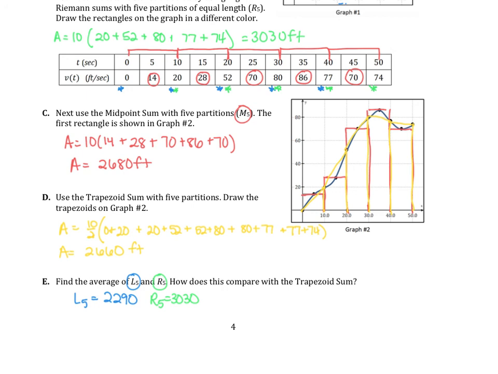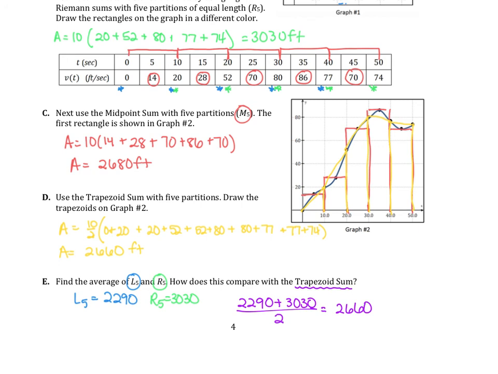And if I go and find the average of those, let's do that. If I do 2290 plus 3030 divided by 2, we get 2660. How does it compare to the trapezoid sum? It's the same. It's the exact same as the trapezoid sum.